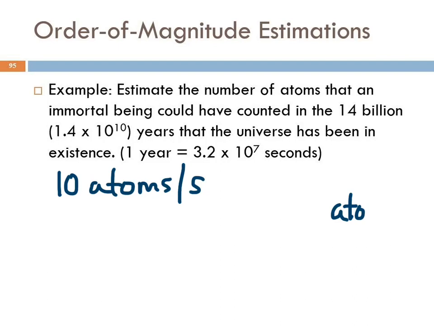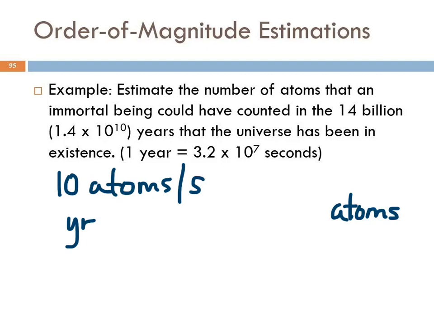So number of atoms is what we're trying to find. We still have to sort and strategize. So we've got a number of years. We've got this relationship and this relationship. Usually, the number that has just the plain old unit is going to be where you're going to start. So we're going to start with years.